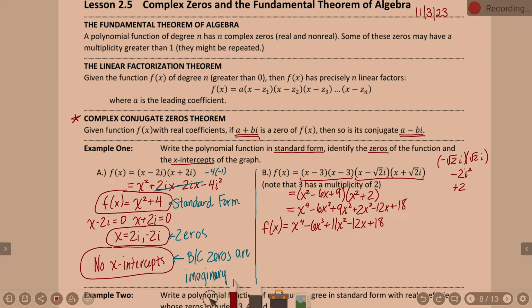What's your answer key say? My answer key says -12x cubed. But I got that straight from multiplying, and there is no -12x cubed. 2 times -6x, right? Yeah, it's a mistake on my answer key. As I'm redoing the notes, I'm writing out new answer keys, and I goofed that one.